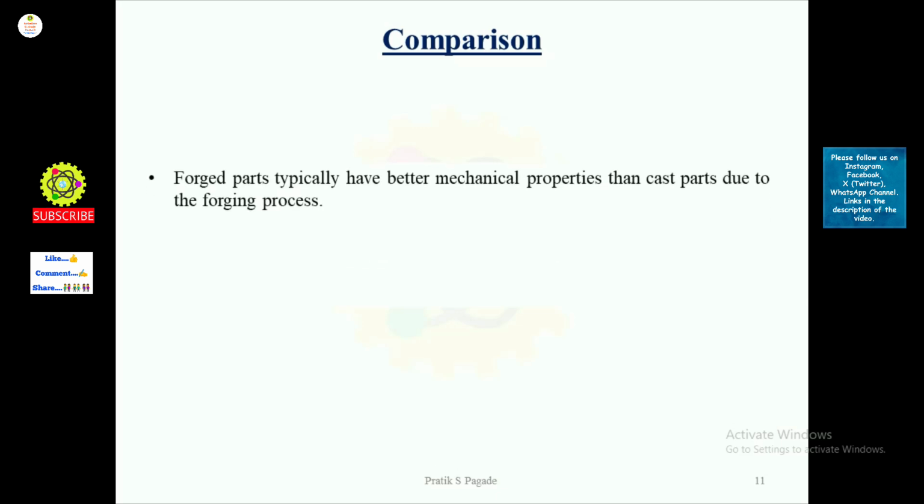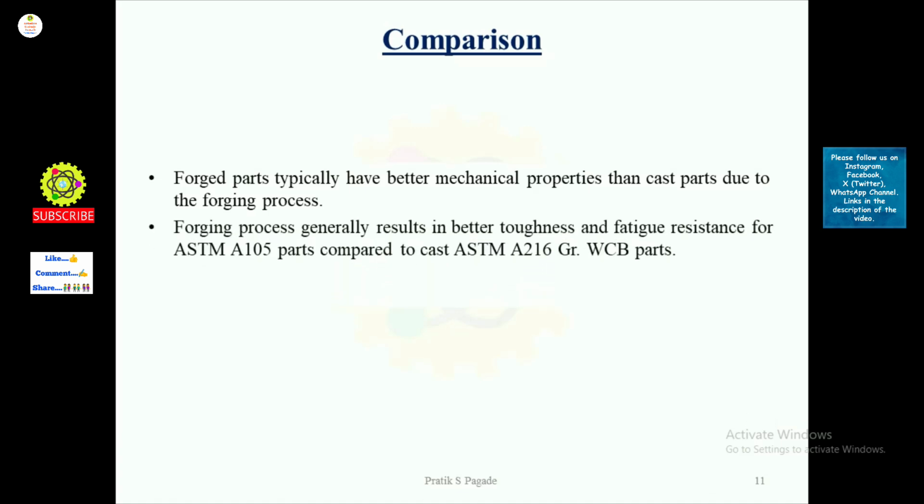So now see, forged parts typically have better mechanical properties than cast parts due to the forging process. Okay, so forging process generally results in better toughness and fatigue resistance for ASTM A105 parts compared to cast ASTM A216 grade WCB parts.